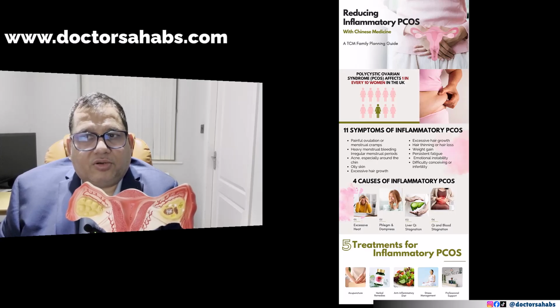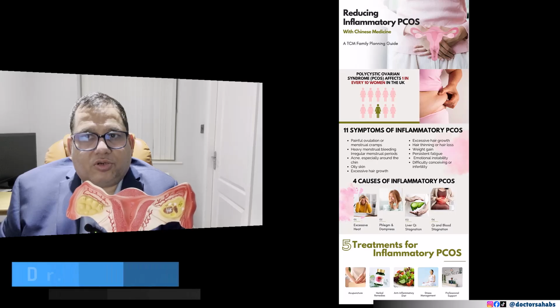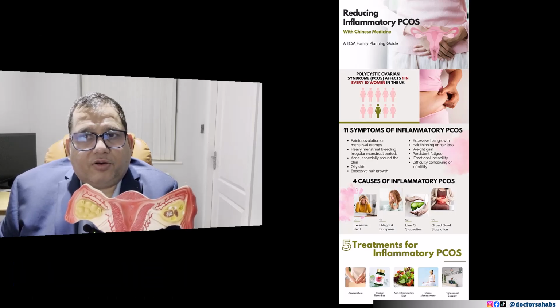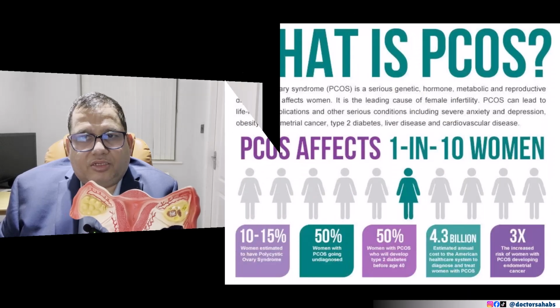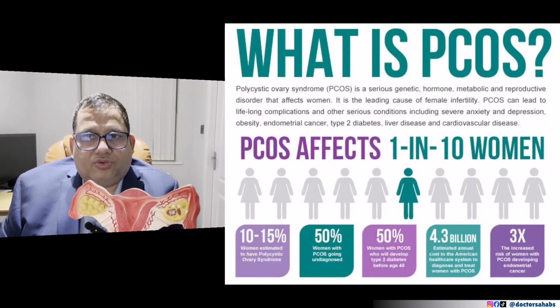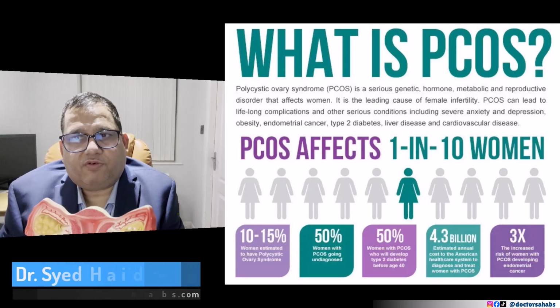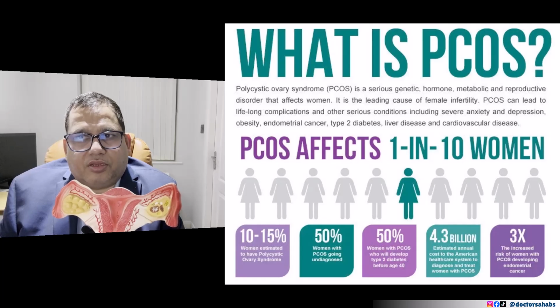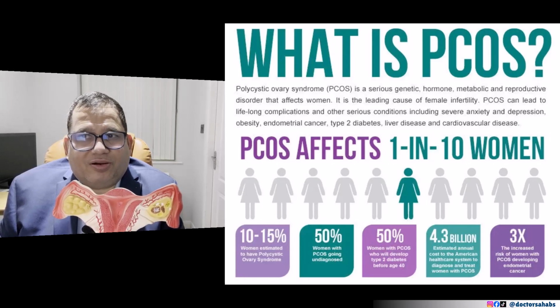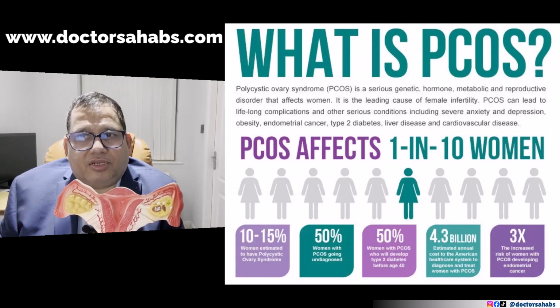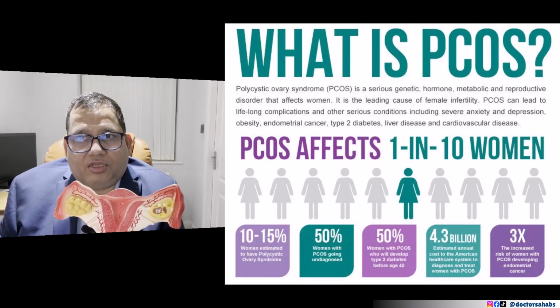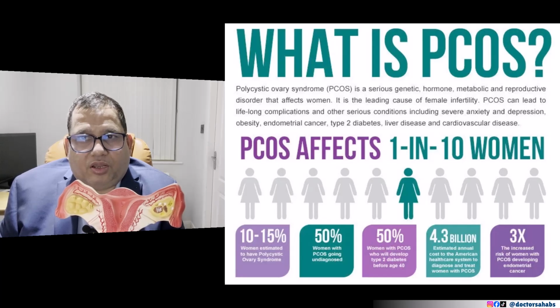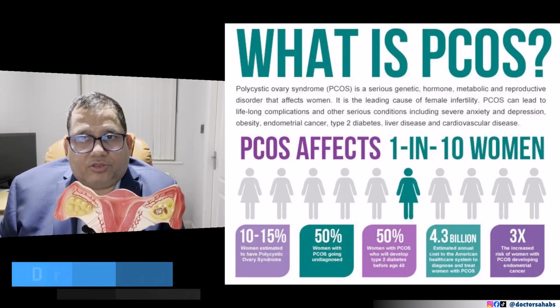A high level of insulin causes the ovaries to produce too much testosterone, which interferes with the development of the follicles and prevents normal ovulation. High levels of insulin and insulin resistance also increase the patient's weight, which can make PCOS symptoms worse.